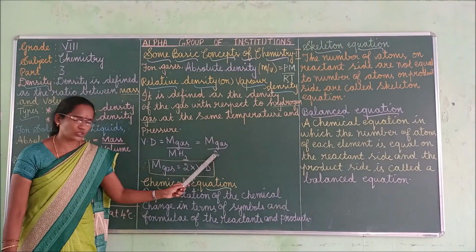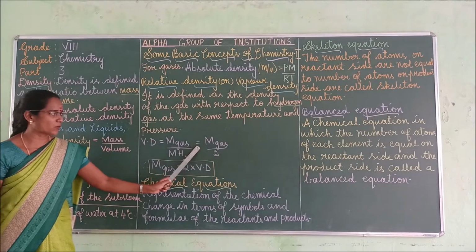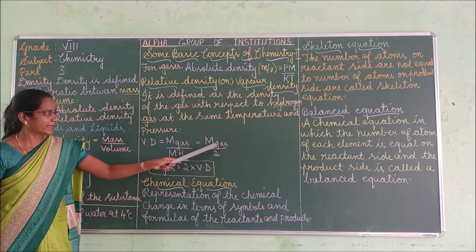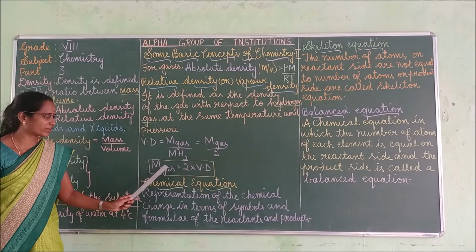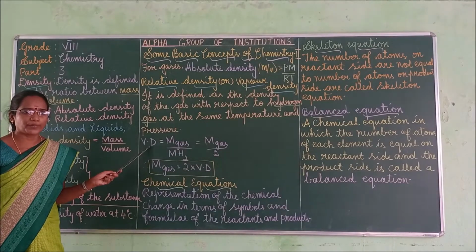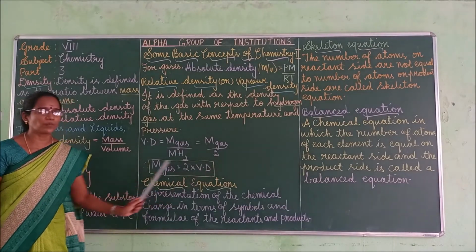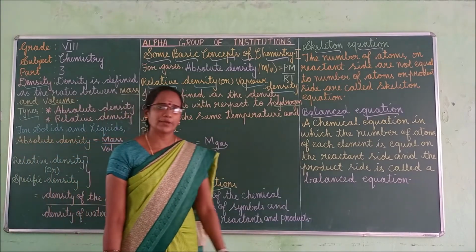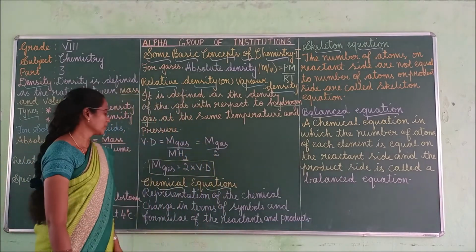So vapor density is equal to mass of gas by 2. Take this mass of gas to the left hand side: mass of gas is equal to 2 into vapor density. This formula we have to use for applying the relative density or vapor density.